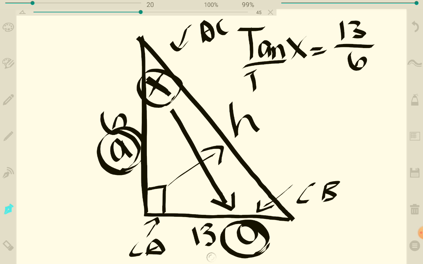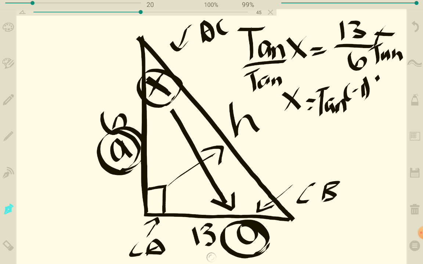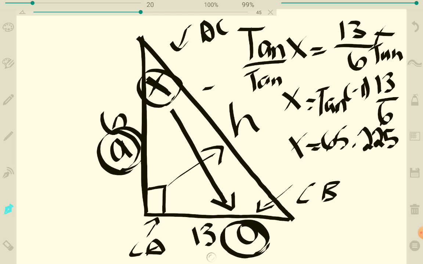We divide both sides by tan, and we get x equals tan inverse 13 over 6, and x equals 65.225. And so we know that's 65.225 right here, this answer.